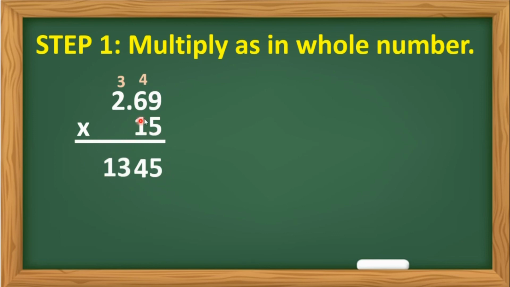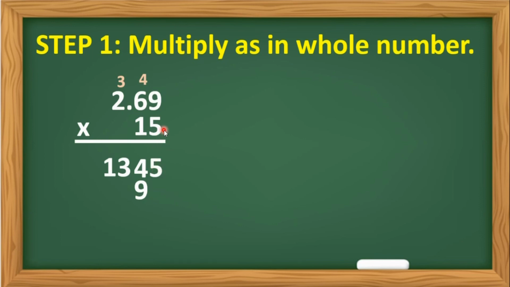Next is 1 times 9 is 9. So ito na yung napapansin ninyo. Ba't hindi siya naka-align? Ang una kasing ginawa natin is the rightmost digit ng multiplier, which is 5. So 5 times 9, kung mapansin ninyo, ito ay 45. Nilagay natin ang 5 below the digit. Kailangan naka-align siya below the digit.